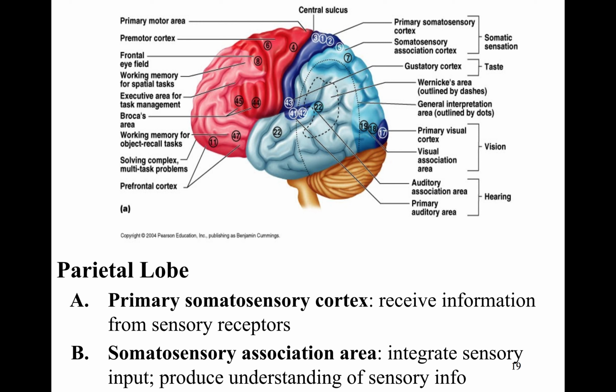Ultimately it produces an understanding that this is a key I have in my pocket. So it's going to call upon some past memories or past experiences in order to help produce an understanding of that sensory information.